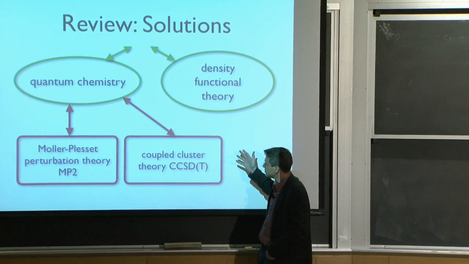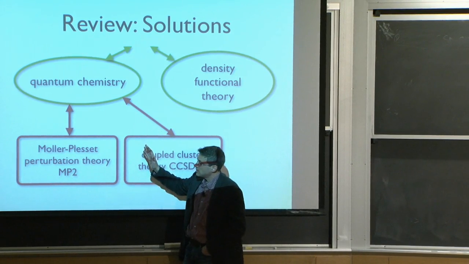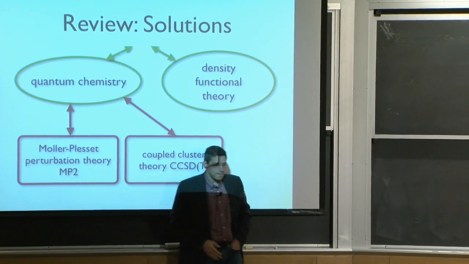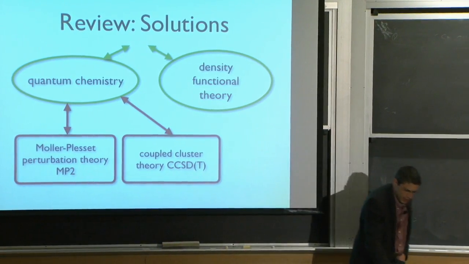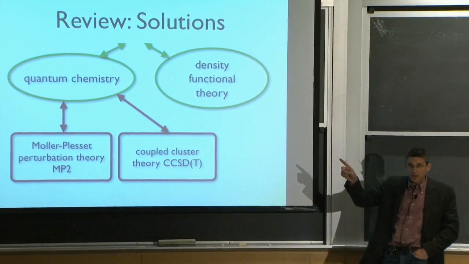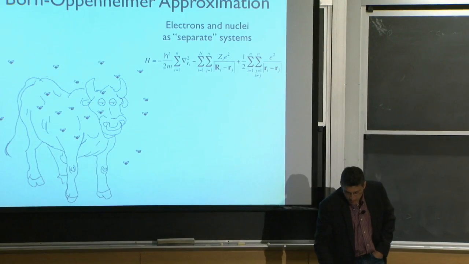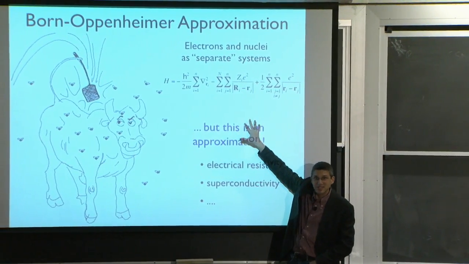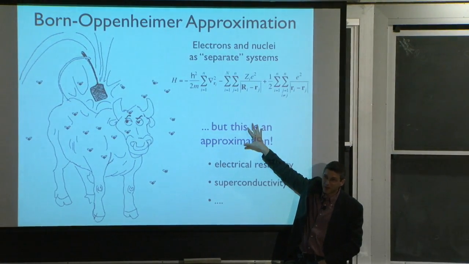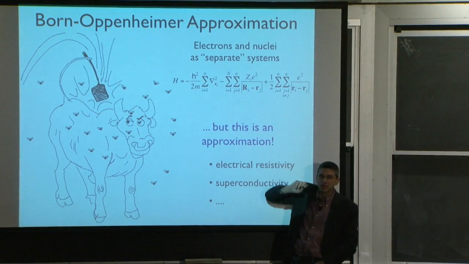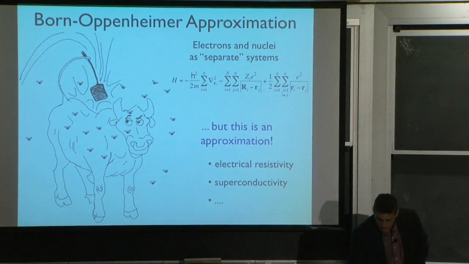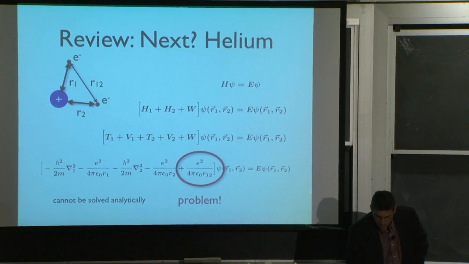The path that the chemists took is to say, you know what? We're not going to mess with the Hamiltonian. The physics of this is correct, so we don't want to play around with that. Most of what the chemists did was to play around with the wave function. So what they did is, let me go back, sorry.